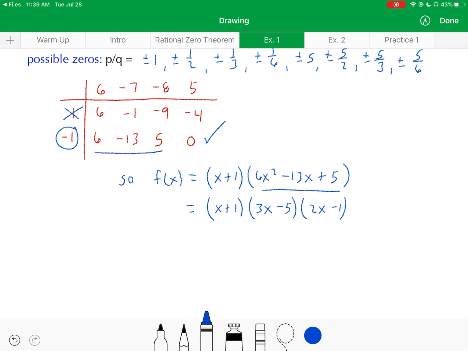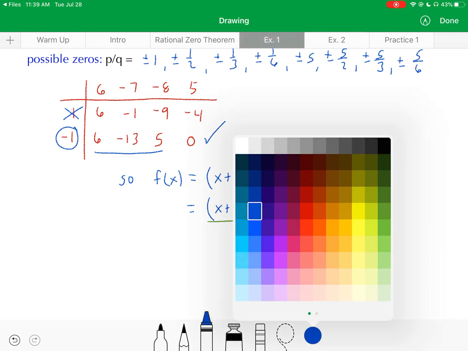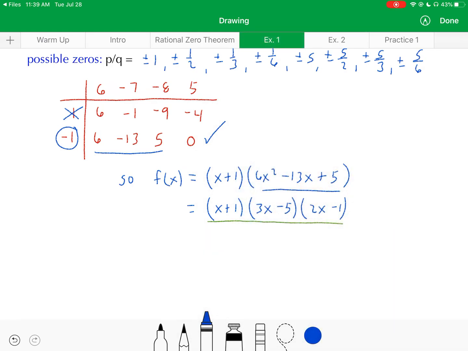All right. So this is my fully factored form of the function f of x, and then my remaining zeros come off of those last two factors. So altogether, I'm going to say that this function has zeros of x equals -1, of 5/3, and of 1/2.